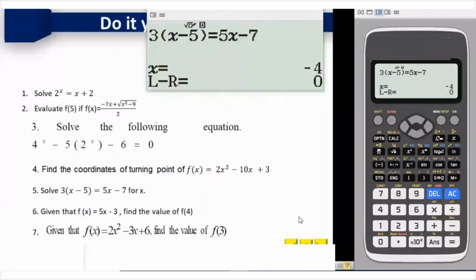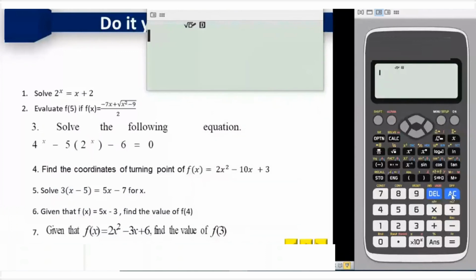Then question number 6, once again it's a function, 5x minus 3. My advice would be to replace x by 4, and once you do that, the correct answer is 17. I hope this is clear. And the last question is 2x square minus 3x plus 6, once again a function.